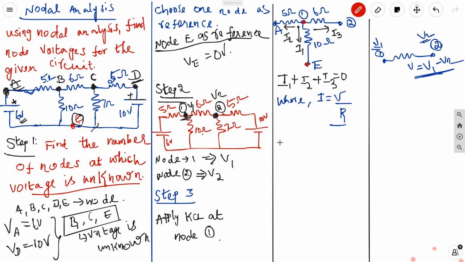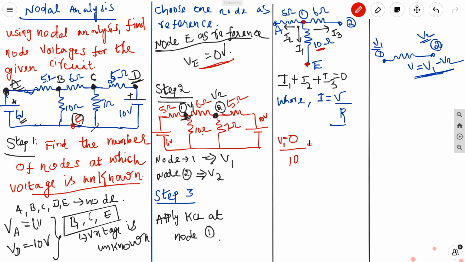Voltage is the potential difference between node 1 and node E, so V1 minus the voltage at E. We assumed the voltage at E as 0 volt because it is ground. So I1 is V1 minus 0 divided by the resistance 10 ohm.